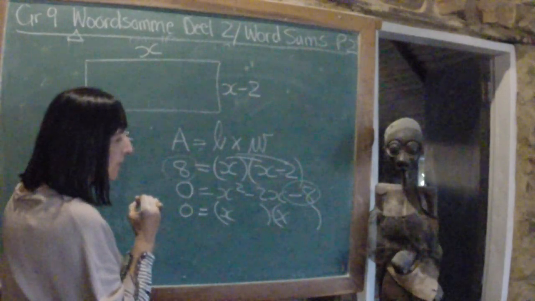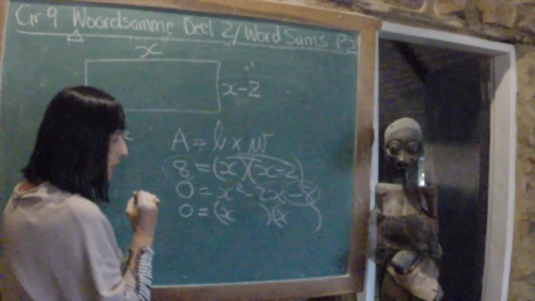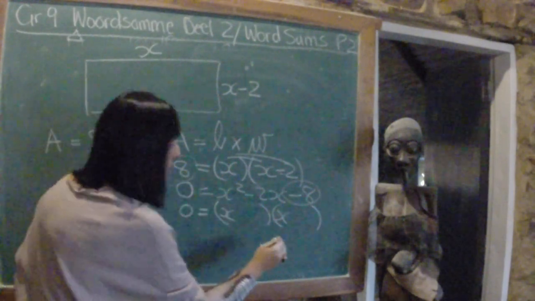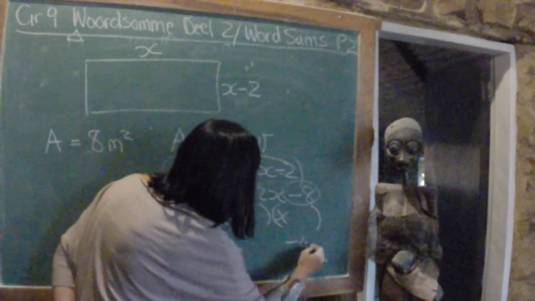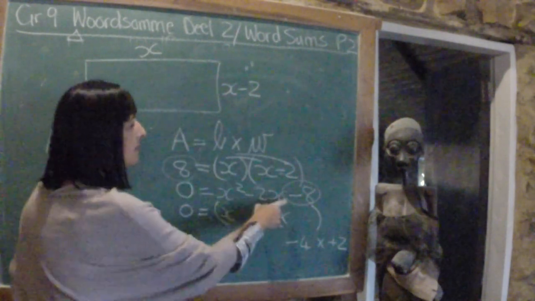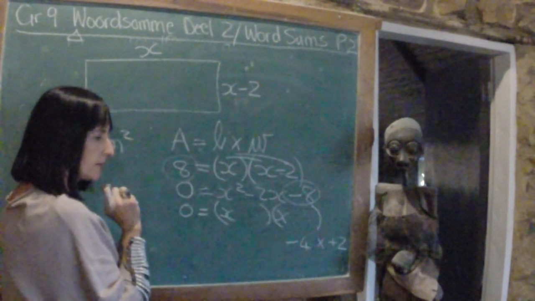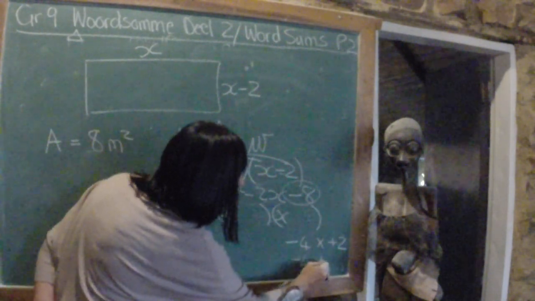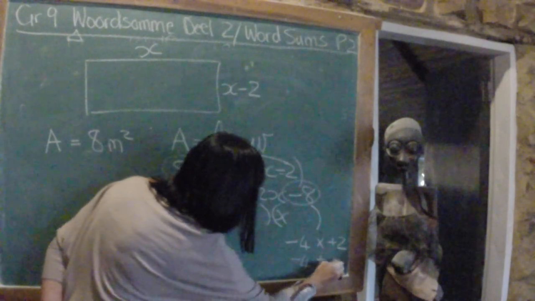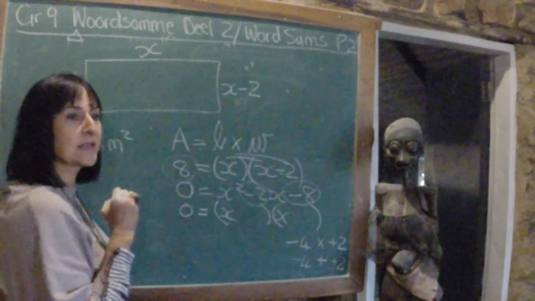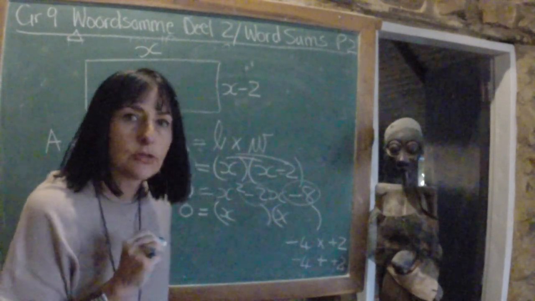Which factors of minus 8, when I add them, gives me minus 2? Nou kom ons gaan kyk. Minus 4 maal met plus 2 gee vir my minus 8. Dis ek reg? As ons hulle plus, minus 4 plus 2 gee vir my minus 2. En dit is wat my skeieregter sê ek moet kry.